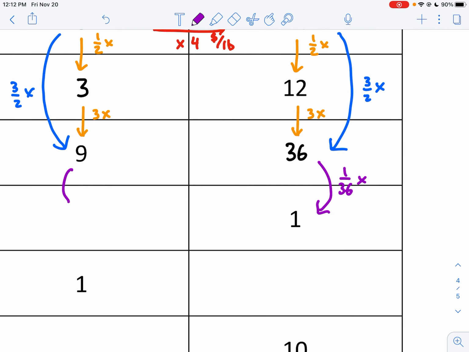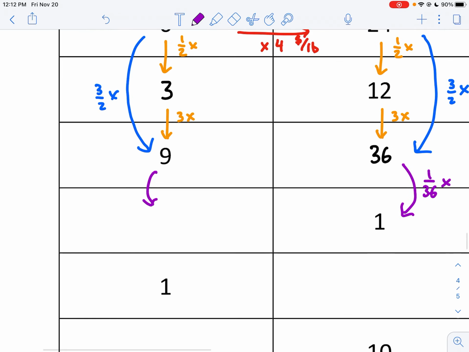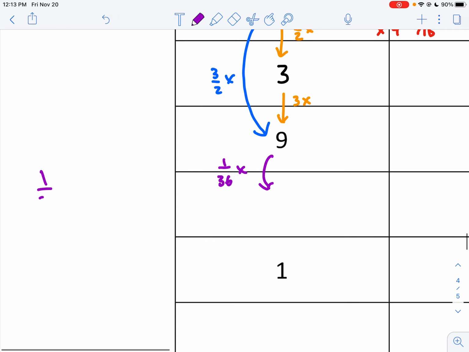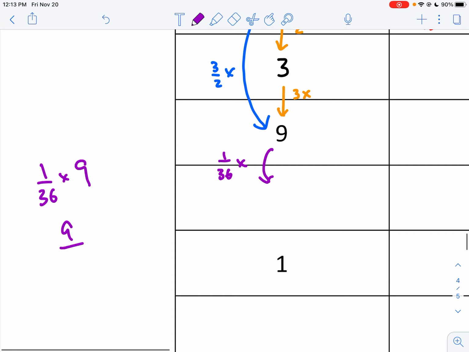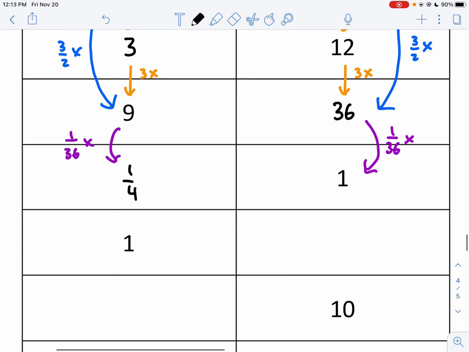We'll just do the exact same scaling over here. Scale it by 1/36. I'll do the work over here, right? If I do 1/36 times 9, that's just going to give me, using our shortcuts, 9/36, which just boils down to 1/4. So 9 times 1/36 takes you to 1/4.